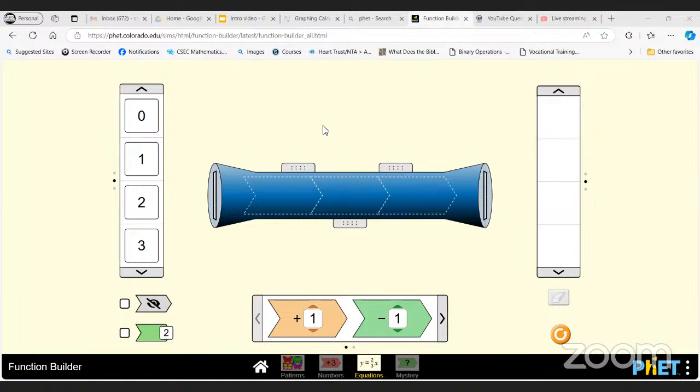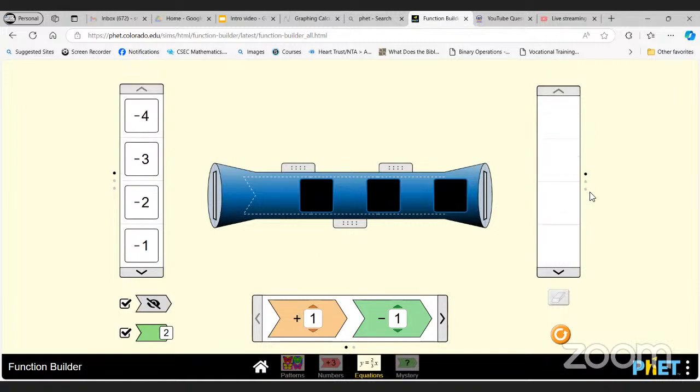What you're looking at here on my screen is a function machine. These numbers here are what we call the input, and over this side is what we call the output. We have a variable x on this side, and you notice there are no numbers on this side.